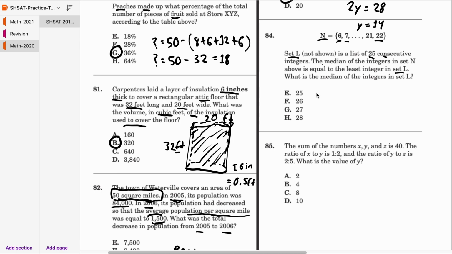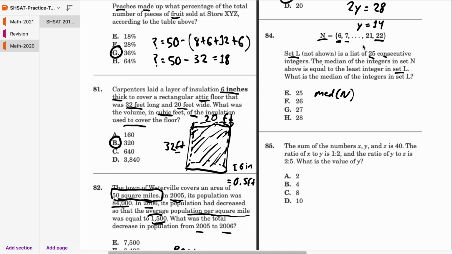So let's break this down. Let's actually find the median of N, right? So the median is the number in between, like half of the numbers are less, half of the numbers are more. So the median of this list of consecutive integers can be found basically by taking the average of the least integer and the greatest integer, right?